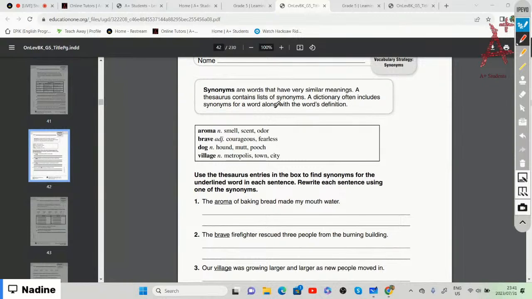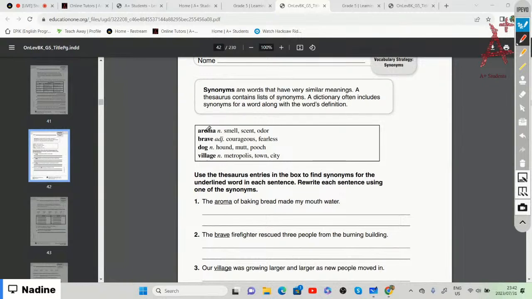So a dictionary sometimes gives you words that are similar in meaning, but not as much or as broad as the thesaurus. All right. So we're going to look at these four words. Within the thesaurus, you'll usually find words that look like this.